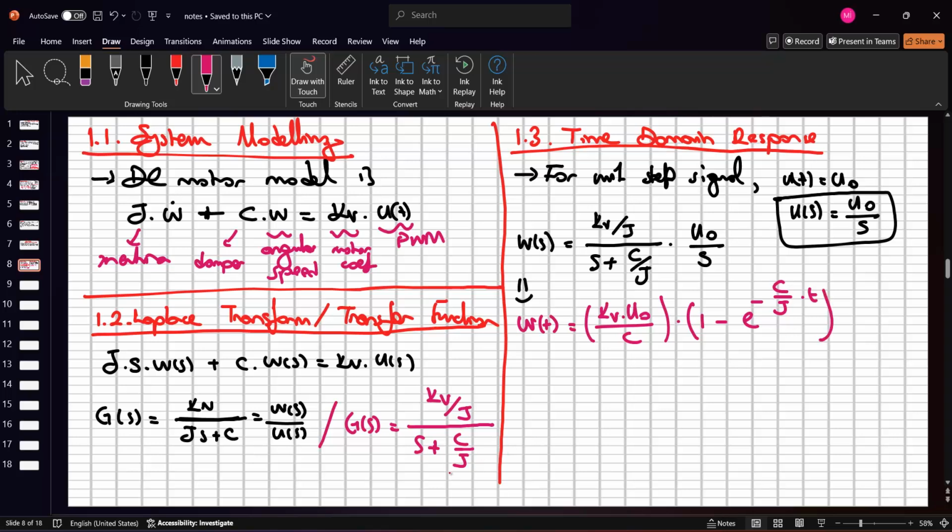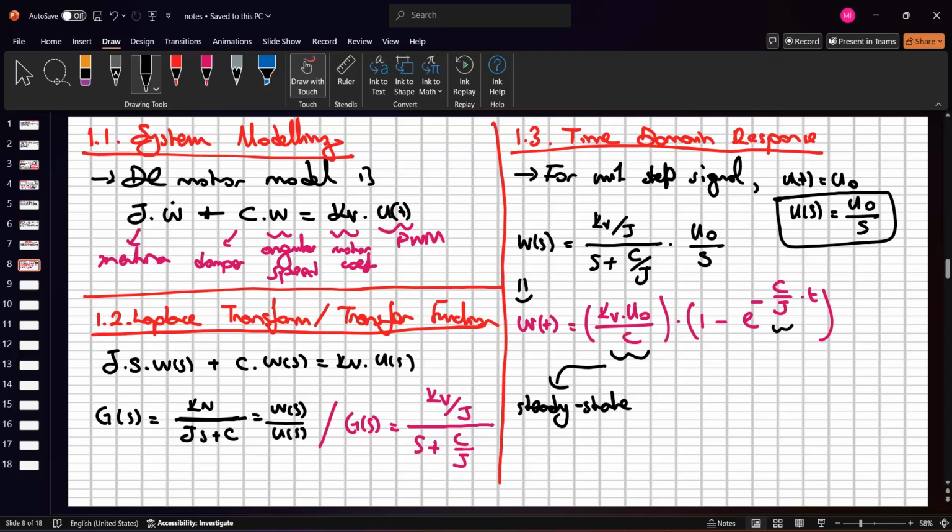And so this C divided by J, the inverse value of these terms, is equal to the time constant. And so this is the steady state gain, because t is approaching infinity, this term goes to 0, and always we will have K_v times u0 divided by C.